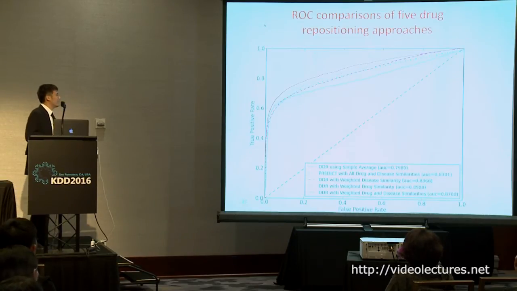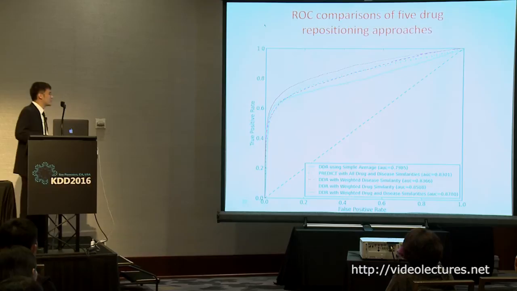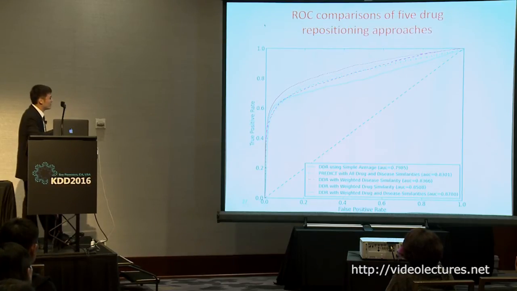And at the end, for the comparison, we compare a lot of methodologies. If we use our methodology to do the weighted drug and disease similarity, we have a very high AUC.